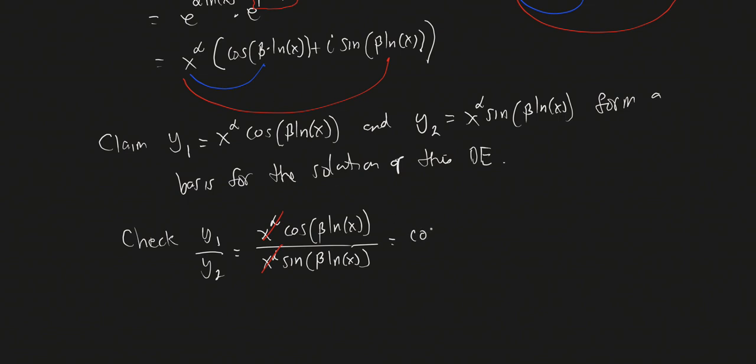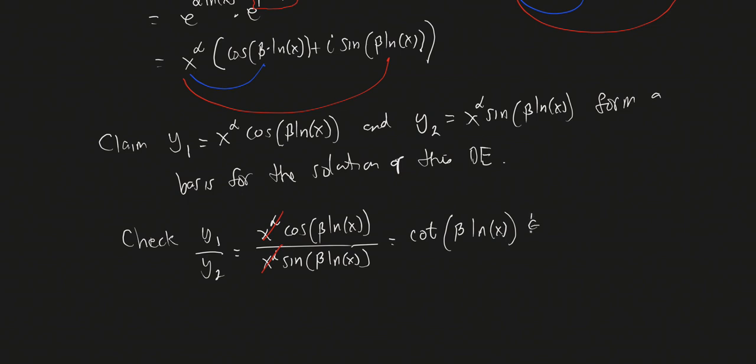So this boils down to cotangent of beta natural log of x, right? Which is definitely not a constant. And again, for x greater than 0, this is not a constant because we have our variable x here.